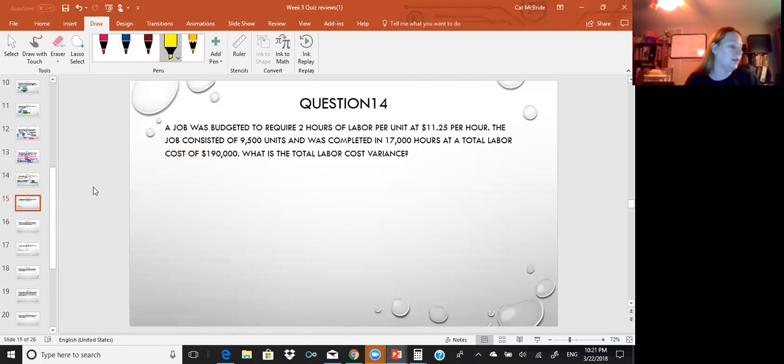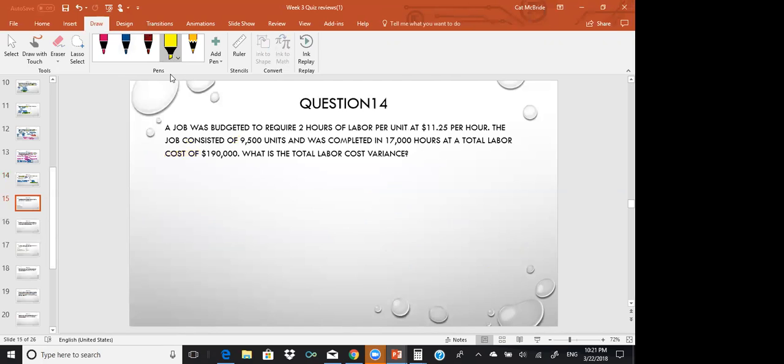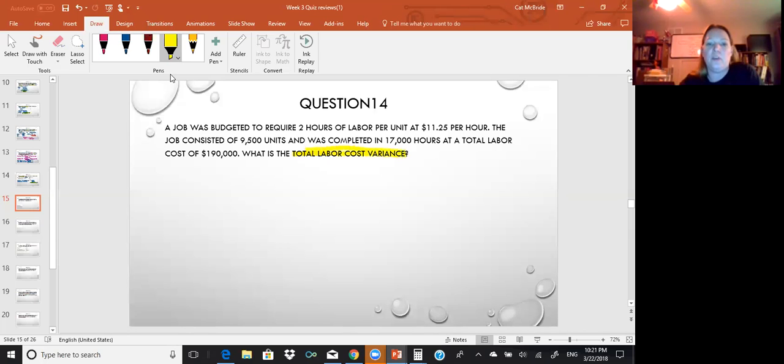Number 14. This is a little bit longer. So we want to figure out what the total labor cost variance is. So we're looking at how much more or less did we spend on labor than we had planned to spend.